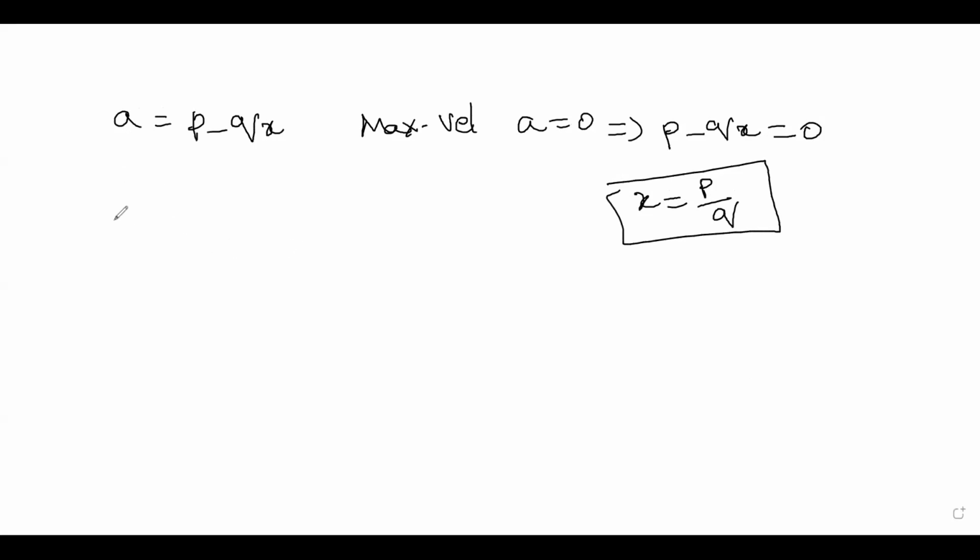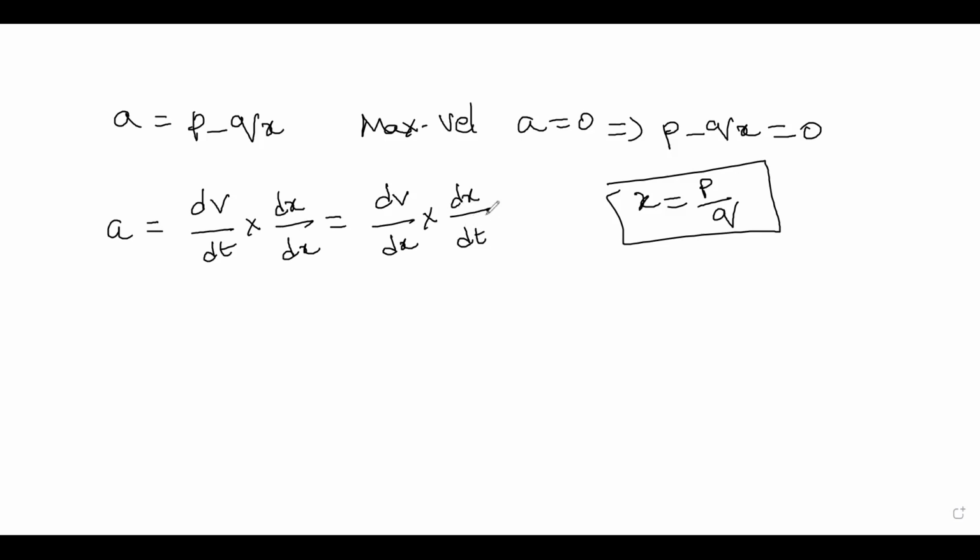And now the acceleration is given by dv by dt. We multiply and divide with the dx, so that I get dv by dx into dx by dt. Why do I have to do this? Because here acceleration is a function of displacement. That's why we need this.